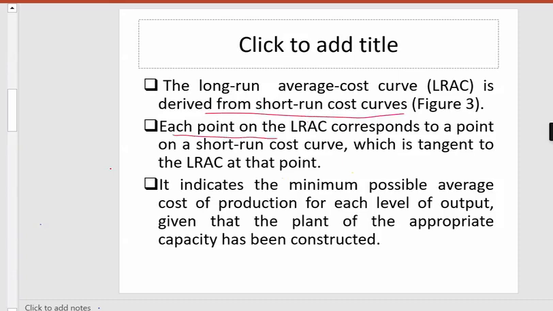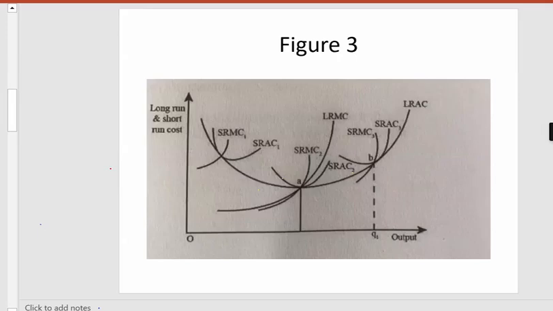Each point in the long run corresponds to the what? To the points on the what? On a short run cost, which is tangent to the long run what? It indicates the minimum possible average cost of production for each level of what? Of output.